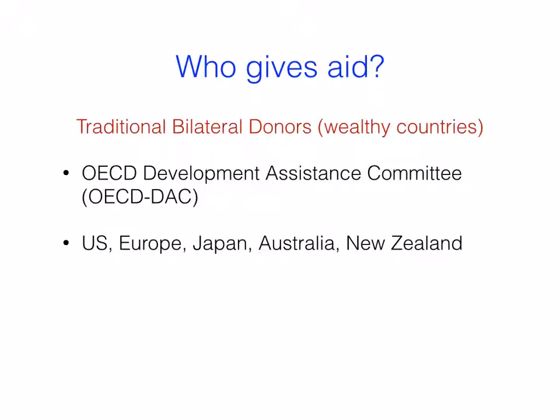So who gives aid? Mostly, in the past, it has been what we call traditional bilateral donors. These are the wealthy countries of the world: US, Europe, plus Japan, Australia, and New Zealand. And they are all members of what is known as the Organization for Economic Cooperation and Development. These are the OECD countries.